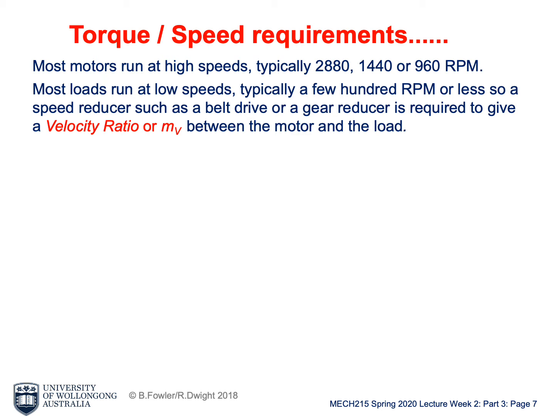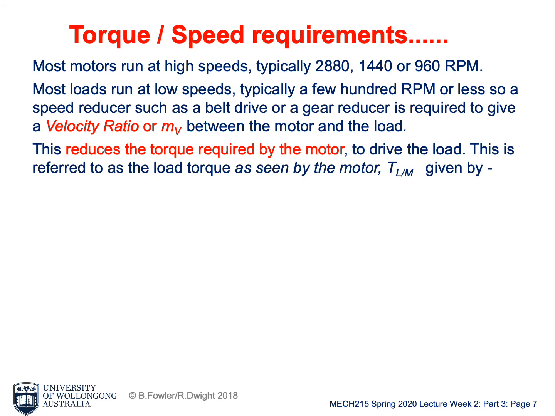It's called NV. So it's the speed difference between the motor and load. And this ratio NV also creates another factor that multiplies the torque that the motor can sustain. So if the speed is slowed down by NV times, the torque actually goes larger by NV times.